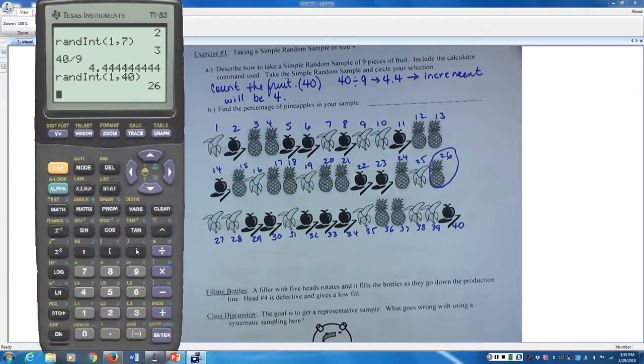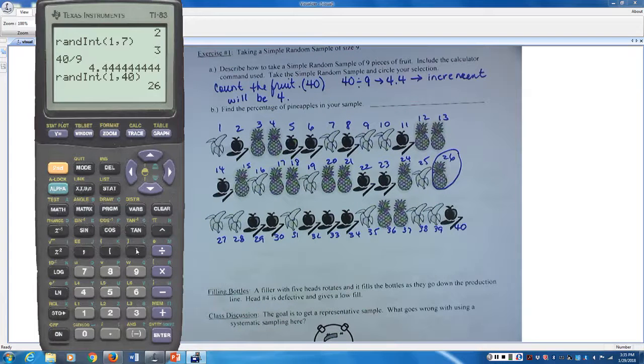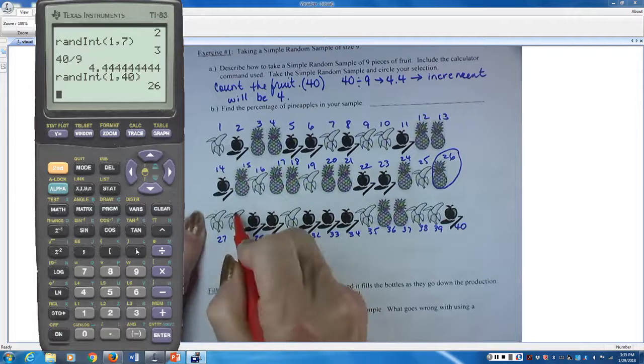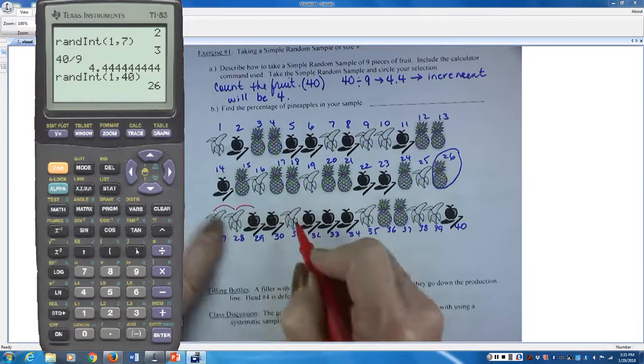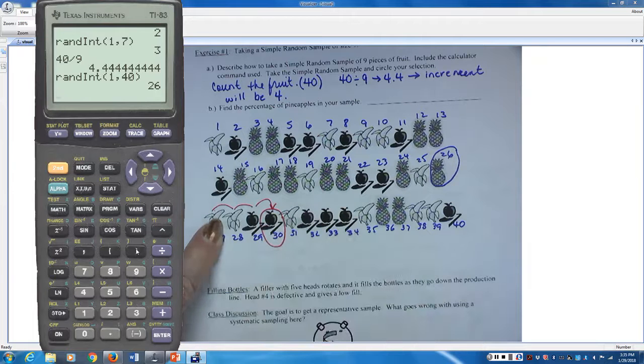So now that I have chosen number 26 and I decided my increment is 4, then I start here and count from there to the 4th piece of fruit after 26. 1, 2, 3, 4. So my next piece of fruit is 30, which is an apple.